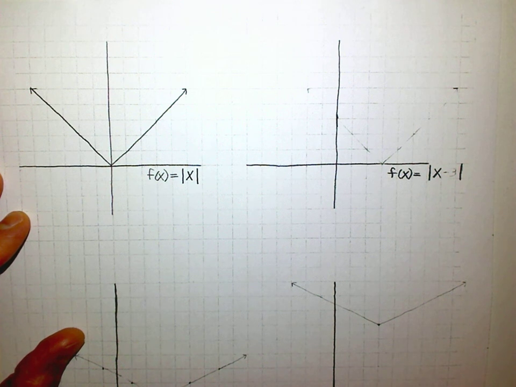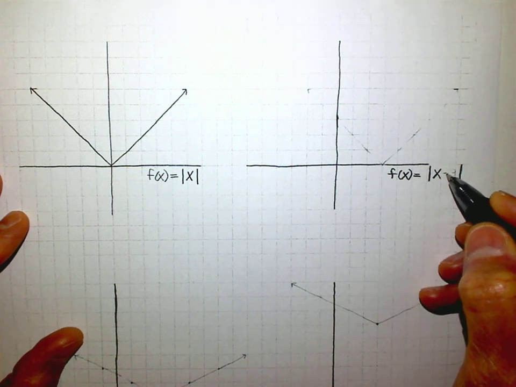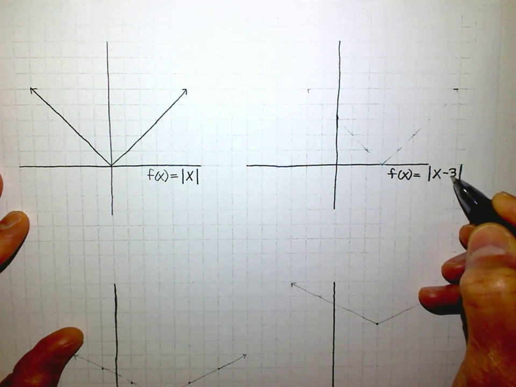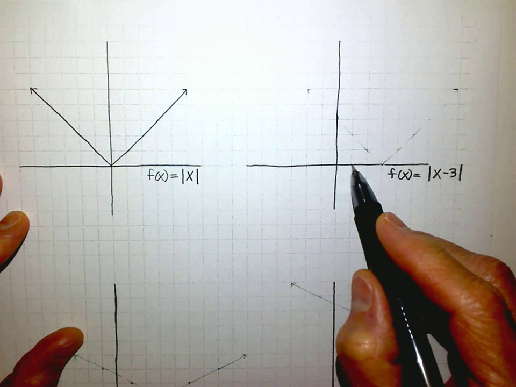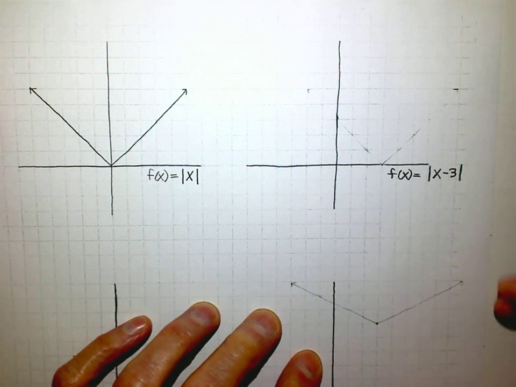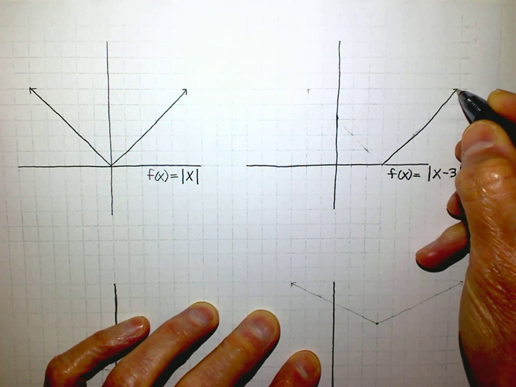I can shift the graph to the right horizontally by subtracting a number inside the absolute value. That will shift my graph 1, 2, 3 units to the right. Keep the same shape.